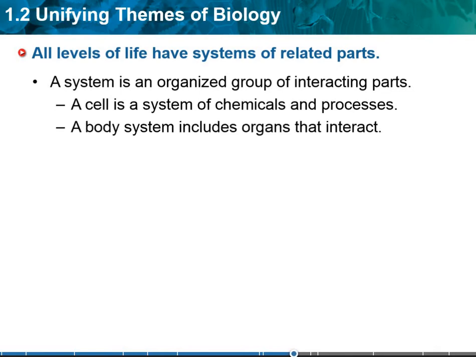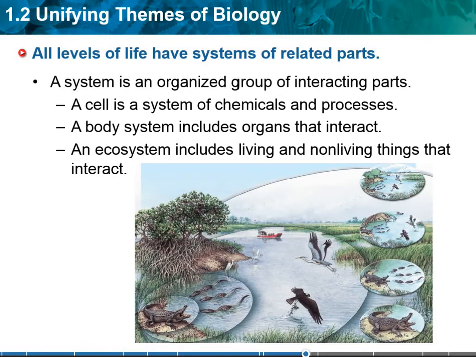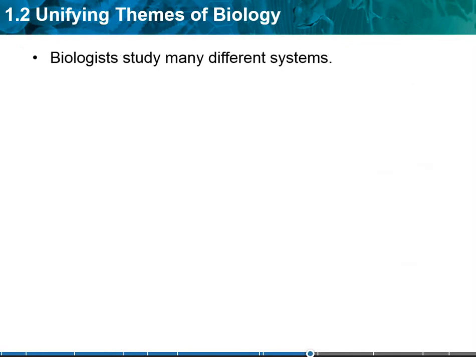A body system includes the organs that interact with one another. An ecosystem includes all the living and non-living things and how they end up interacting with one another. And again, we'll talk about ecosystems when we get to the next chapter.